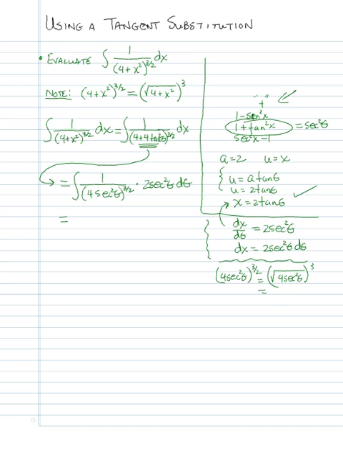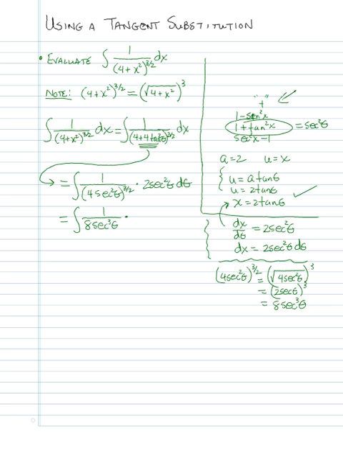Well, of course, the square root of 4 secant squared theta is going to be 2 secant theta, and that's raised to the power 3. And of course, that gives us an 8 secant cubed theta. So in the denominator of this integrand, that all simplifies to 8 secant cubed theta.